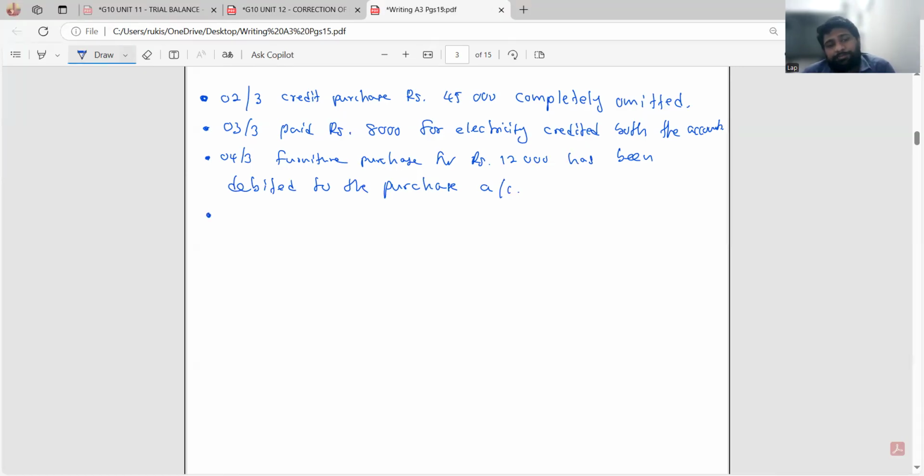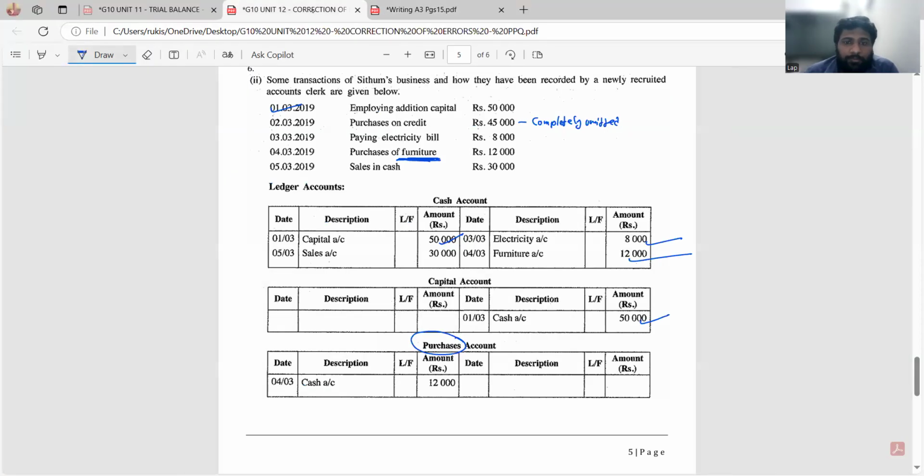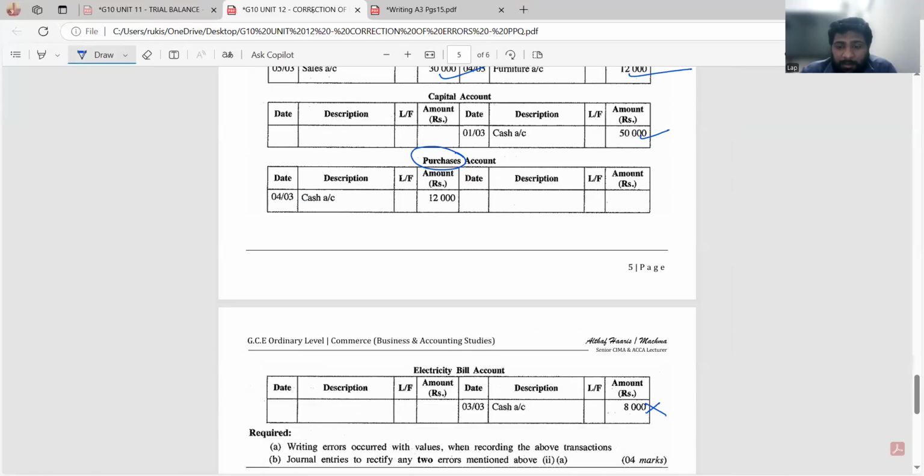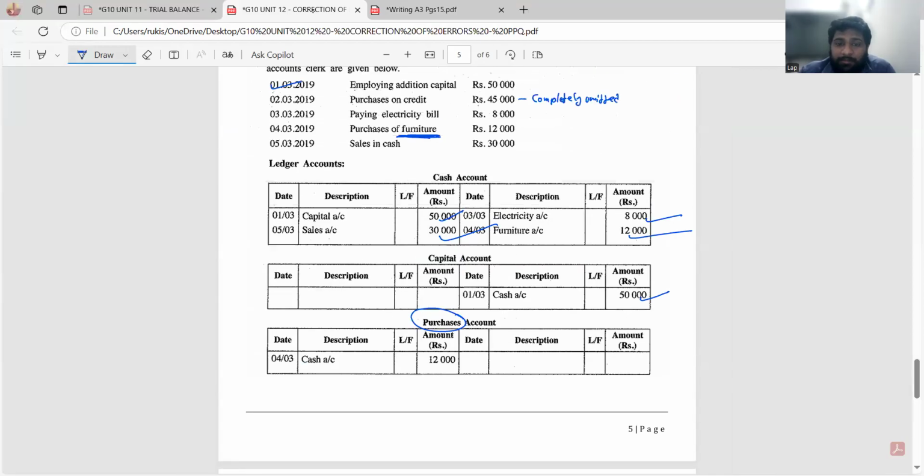And the next one. Sales in cash. So cash account should be debit, sales account should be credit. Sales account is not there.